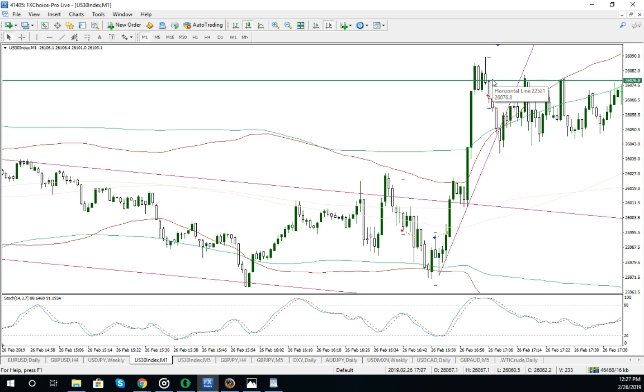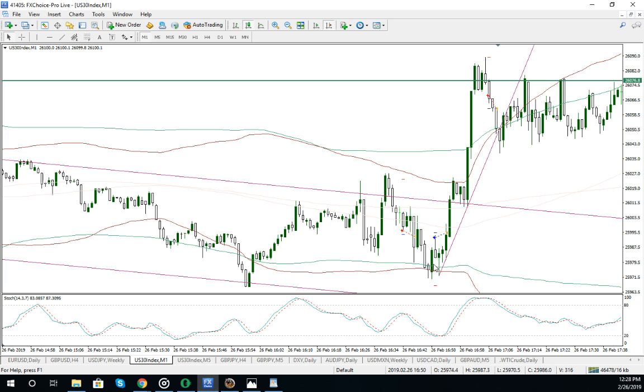This was pretty cool because I had this horizontal line drawn, probably from a 15-minute chart, and it did look like it was reversing from that area, and I took a quick scalp. So that was three trades today.